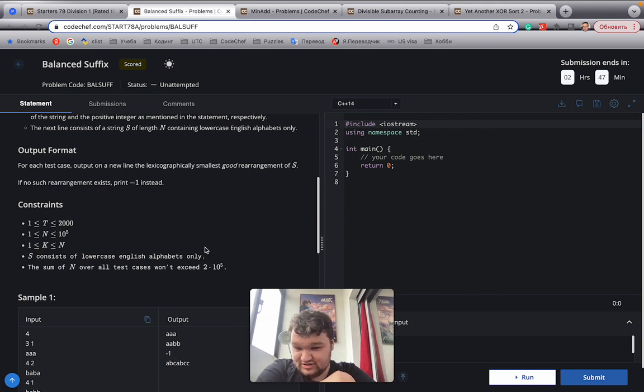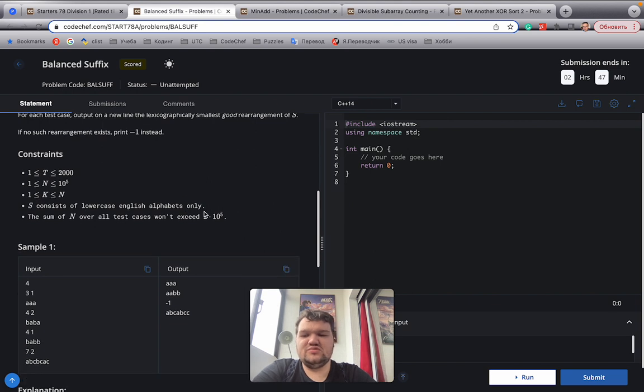This operation is slow, but it will be amortized because we remove elements only one by one. So in total it will be n log n. Yeah, that works. But here the alphabet is small, so we don't care actually.